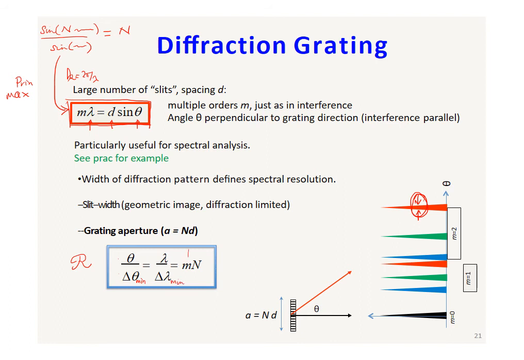And that's given by the order of the diffraction by the number of lines that are illuminated. And if we're given a width of a grating of A, and we know the spacing of those lines, we can work out n, the number of lines in that grating.